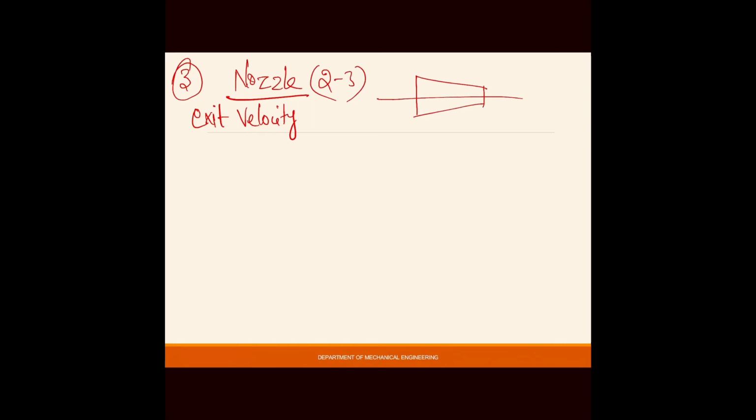Now the nozzle is 2 to 3. Here the input is velocity 60 meter per second and 600 degrees centigrade, and at the exit of the nozzle, the fluid temperature is 500 degrees centigrade. Here section 2, here section 3.